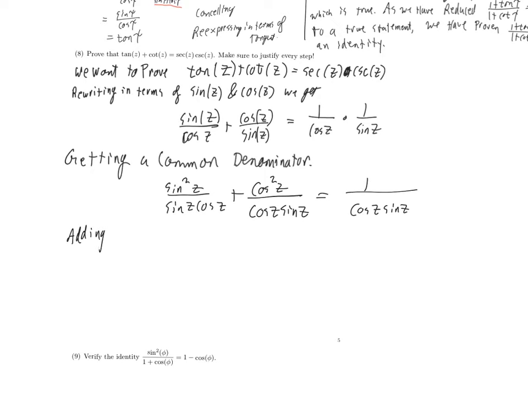Adding fractions, we see that we get sine squared z plus cosine squared z all over sine z cosine z equals 1 over cosine z sine z.